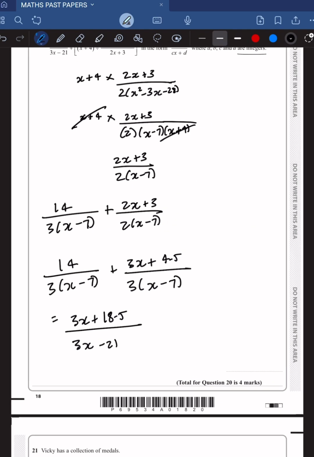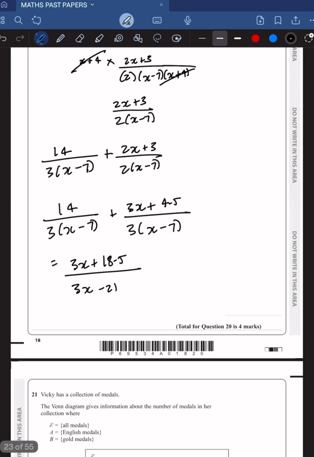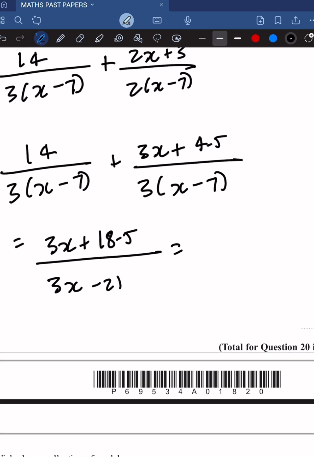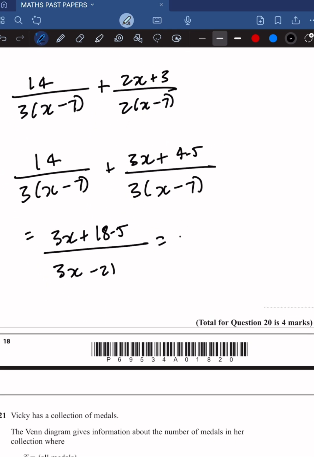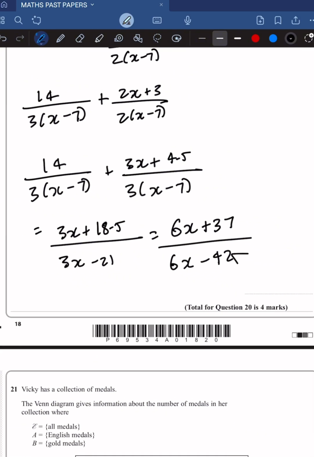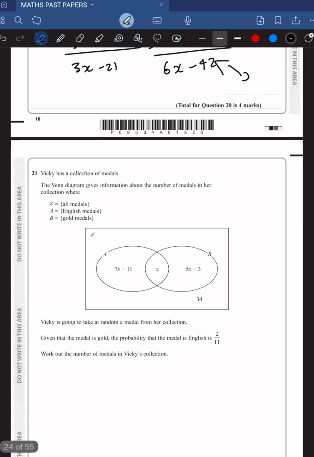Now I know that a, b, c, d have to be integers, and I know that 18.5 is non-integer, so I'm going to multiply everything by 2. So it's going to be 6x plus 37 over 6x minus 42, and that's going to be my final answer.